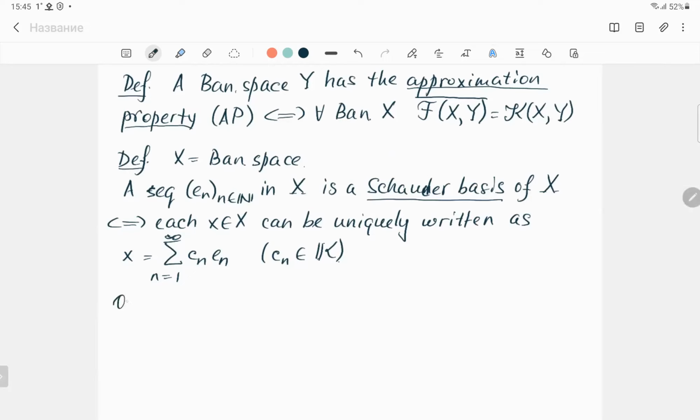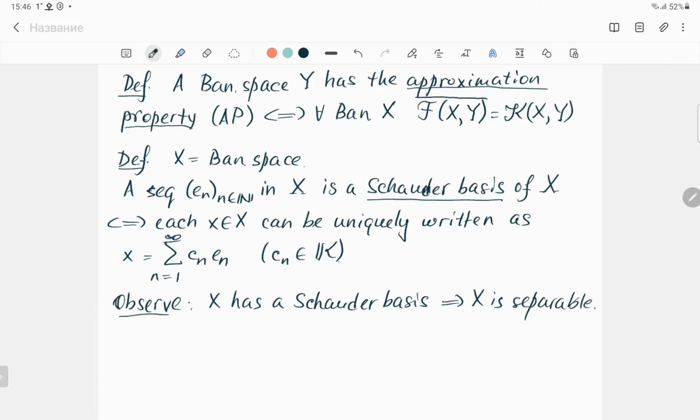So let's observe that this definition is meaningful only for separable spaces. If X has a Schauder basis, then it is separable. Well, this is not a serious restriction because most classical and interesting Banach spaces are actually separable.